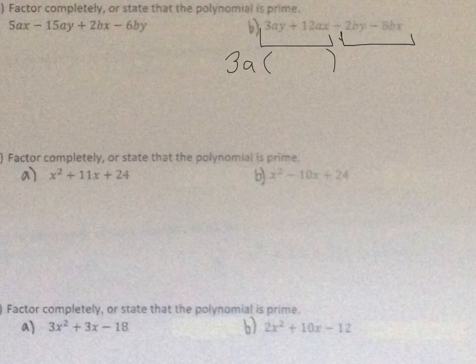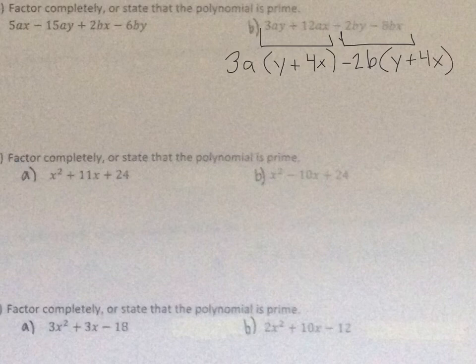Doing that, we are left with a plus 4x. Now let's look at the second group. We have the negative 2by minus the 8bx. There's a common factor of negative 2 and also a b. So what we're left with is y plus 4x.